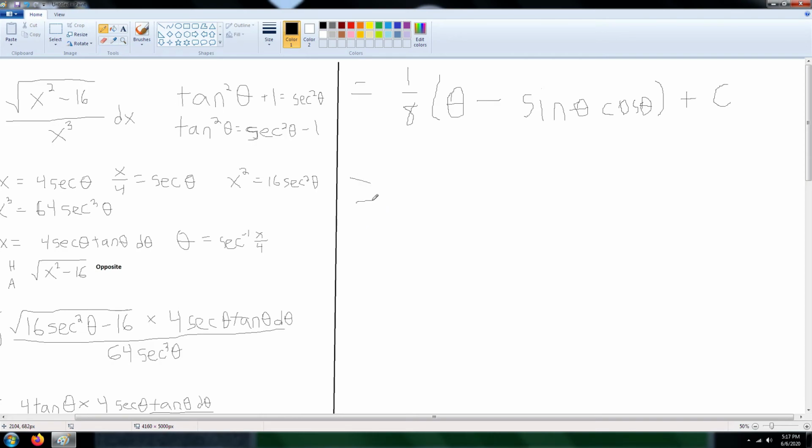Alright, and what's going to happen is this is going to end up being 1/8 inverse secant of x/4, minus the square root of x squared minus 16 over x.